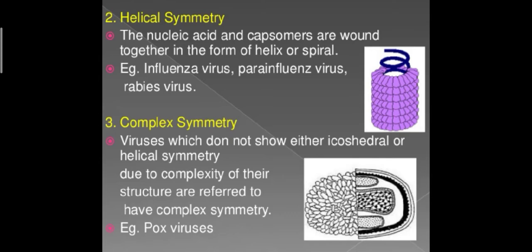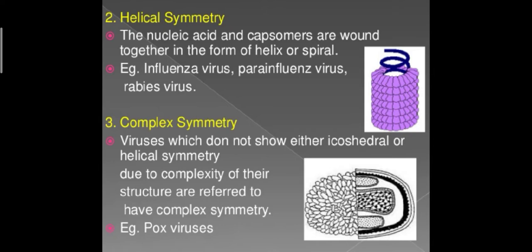And helical symmetry. The nucleic acid and capsomers are wound together in the form of a helix or spiral. So that's why they kept the name helical symmetry. In helix shape or spiral shape, you can observe viruses such as influenza virus, rabies virus, para-influenza virus.